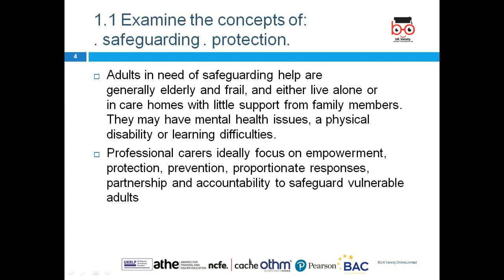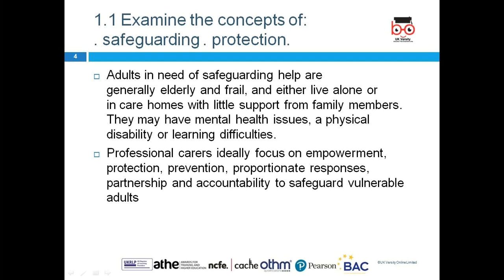So you might have adults that are in safeguarding who are elderly or frail. They might live alone. They might be in care homes. They might need support from family members. They might have mental health issues or physical disabilities or learning disabilities. So a carer will try to focus on empowering that person. They'll try to protect them and prevent harm, and also put proportionate responses in place.